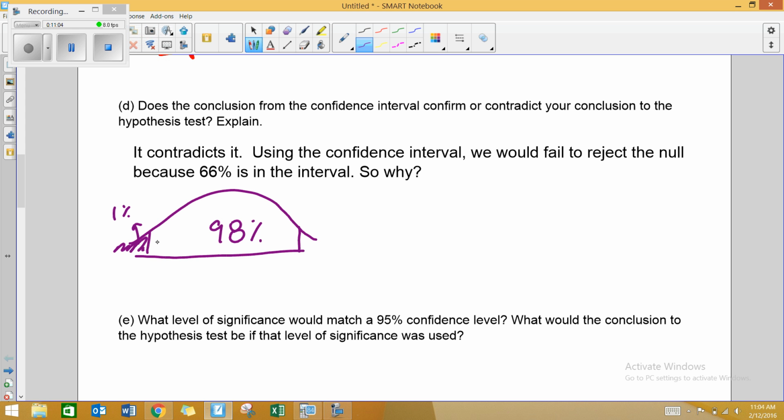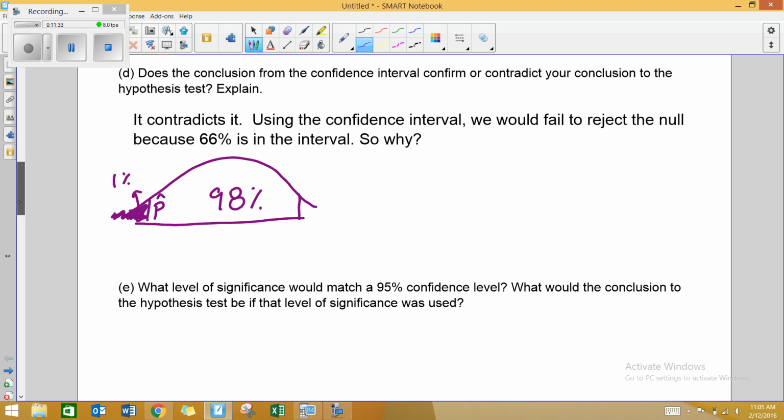And so if we're thinking about the picture, that means that the sample I saw is now not unusual enough with these new standards, with this new rejection region. It doesn't meet the unusual criteria. And so that's important to notice if you're trying to do this via confidence interval, making sure you're aware of what your significance level would be. So that's why that contradicted.